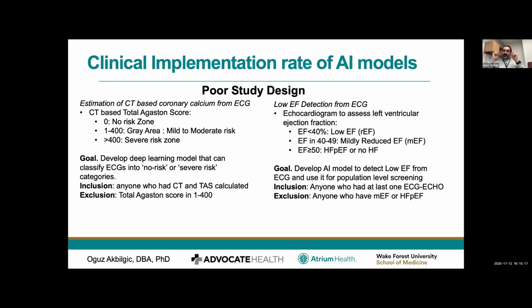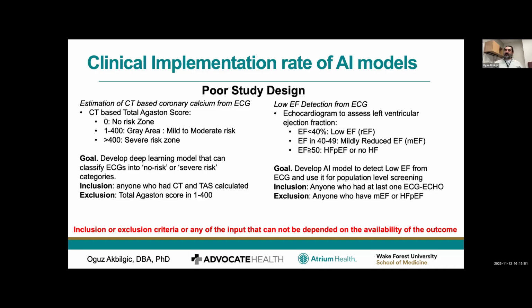So now it is a very, very big stretch to say that now we can screen everyone with ECG. Those people will include people who never had any indication for echocardiogram need, and then we use them to decide whether they have low EF or not. I'm not saying that this may not be extended to that purpose, but out of the box, we cannot claim that this model will work on people who don't need echocardiogram for clinical reasons.